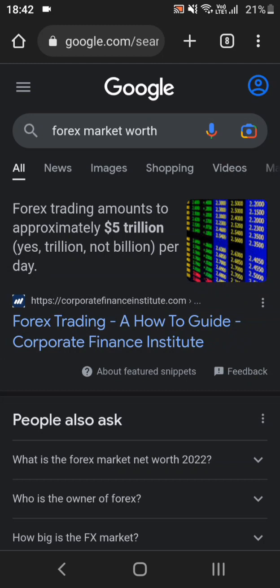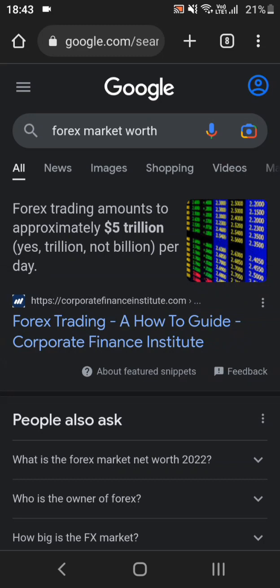This is the largest market. It's amazing. When you love what you're doing, when you love this industry, you will perform. $5 trillion per day circulating around the forex market, just yours for the taking.